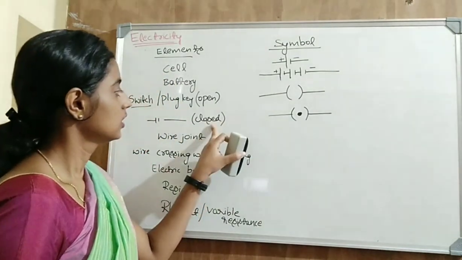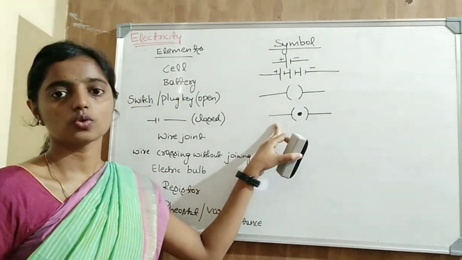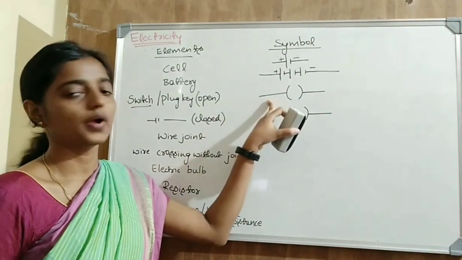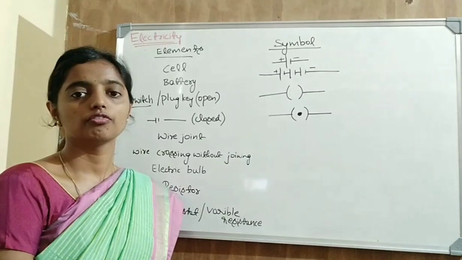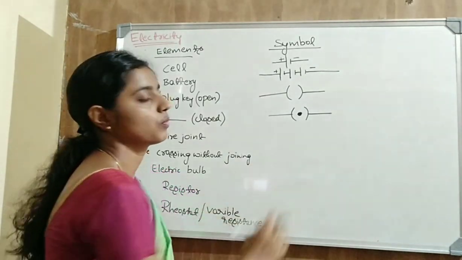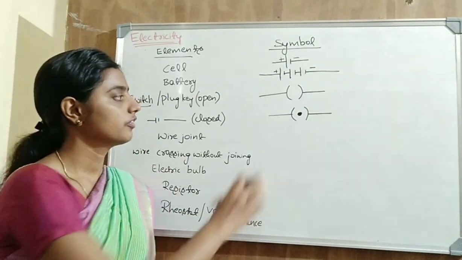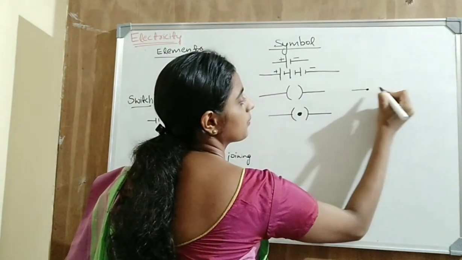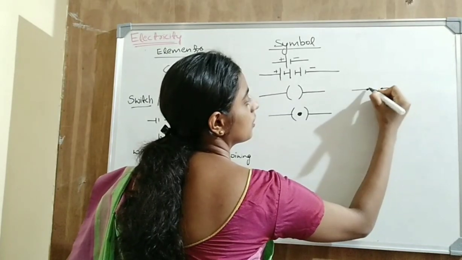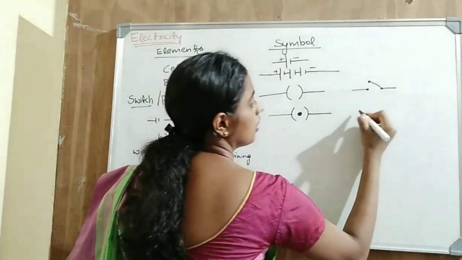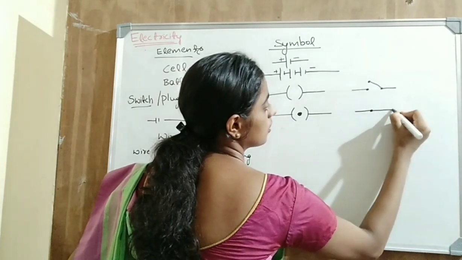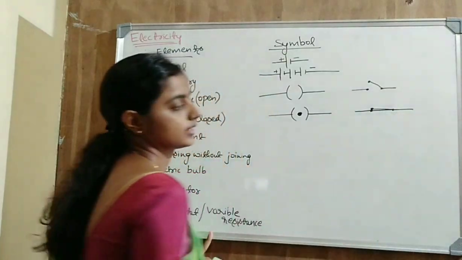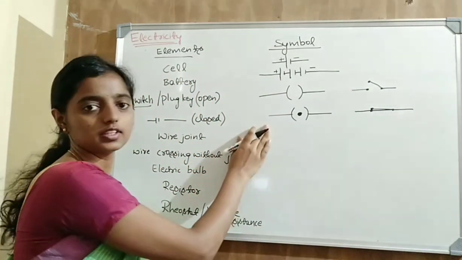Always remember, the closed plug key shows that current is flowing in the circuit. If the circuit is open, it means current is not flowing. We also have one more symbol used in other textbooks. In our textbook, we have only this symbol. For open, we have like this. And for the closed, like this symbol. So just concentrate on this one.